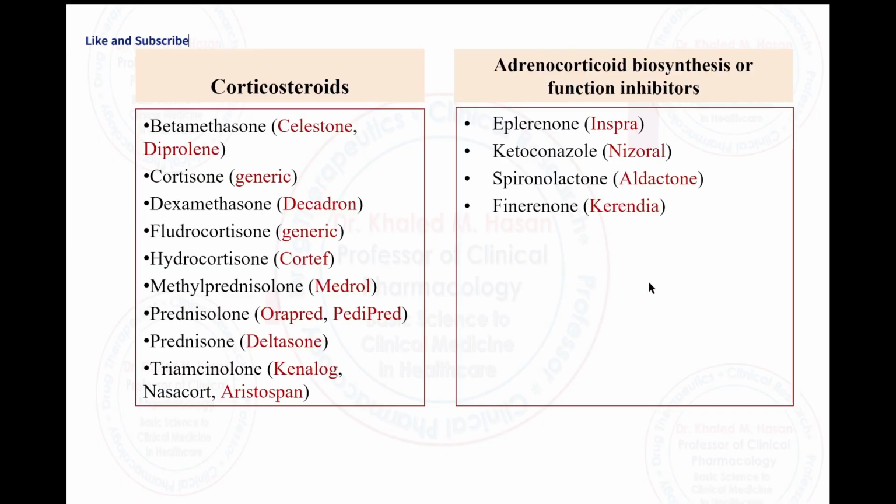Now we move to the medication. We have medications on the market that pharmaceutical companies developed years ago. Corticosteroids are very popular medications in practice. We have betamethasone, cortisone, dexamethasone, fludrocortisone, hydrocortisone, methylprednisolone, and you can see the suffix "-sone" at the end.